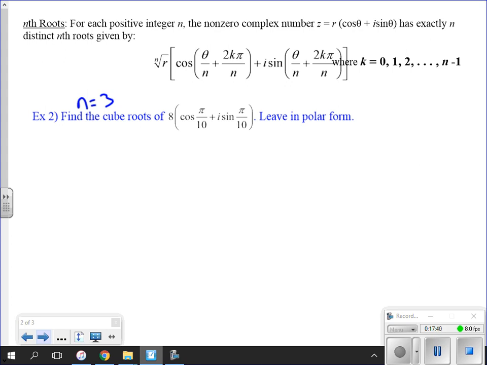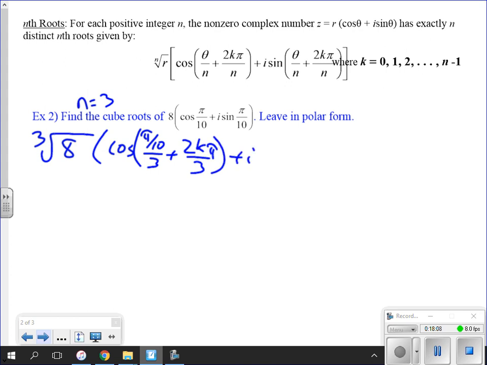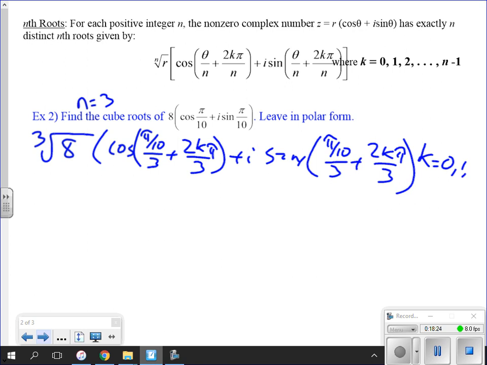So, our formula is, we have the cube root of 8 times the cosine of pi over 10 divided by 3 plus, and I've got to put this in parentheses, 2k pi over 3, plus i sine of pi over 10 divided by 3 plus 2k pi over 3, for k equals 0, 1, and 2.